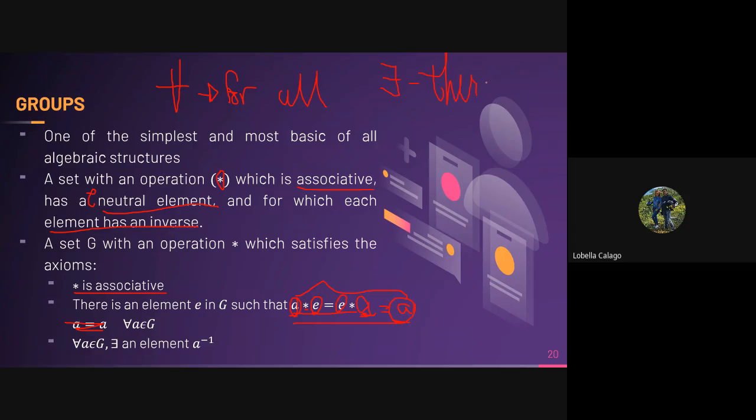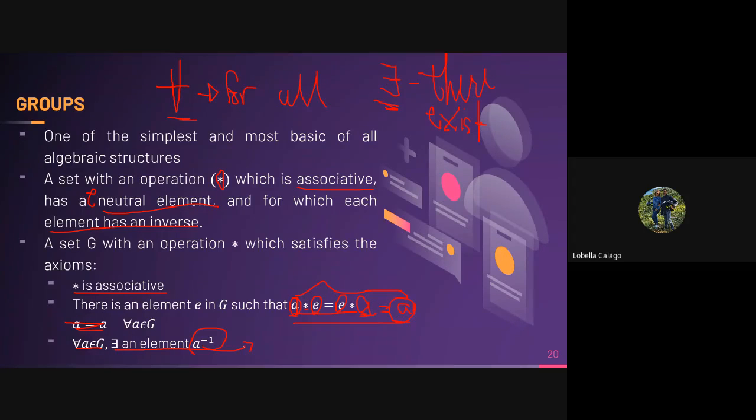Review lang baka nalimutan na natin to. Ito ang mga sign na ginagamit sa pag-discuss sa mga sets. For all, for some, there exists. So yung for all is pag ganito, inverted letter A, at ang inverted letter E, there exists. So ito, for all A element of G, there exists an element ganito. Ano ito? Yan po yung ating inverse.